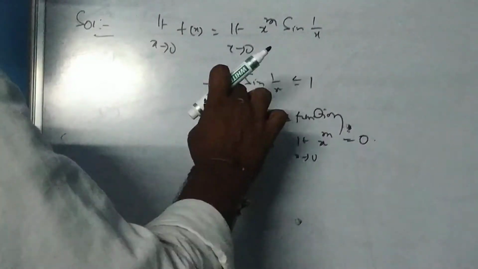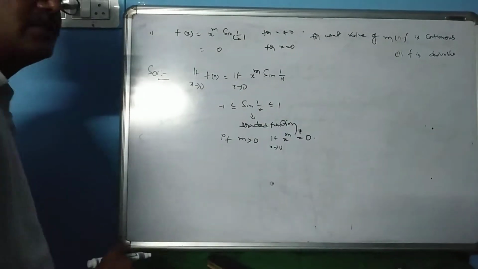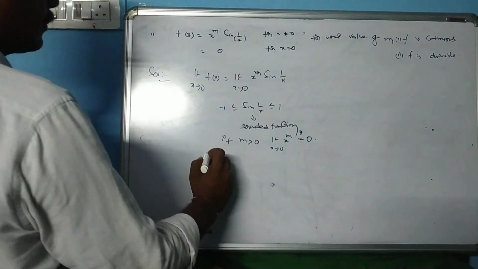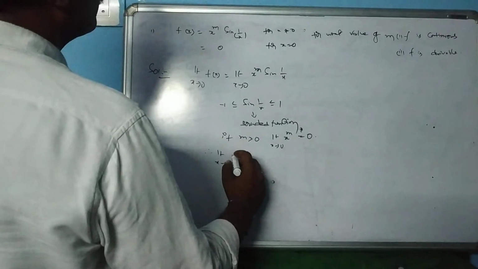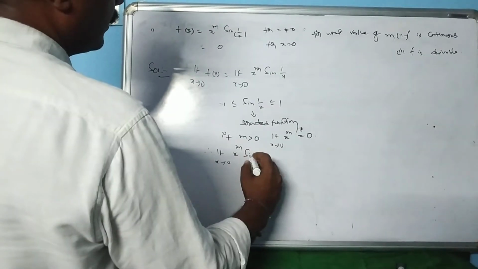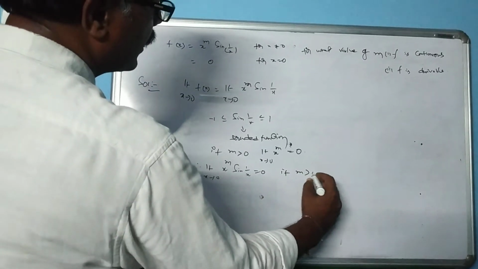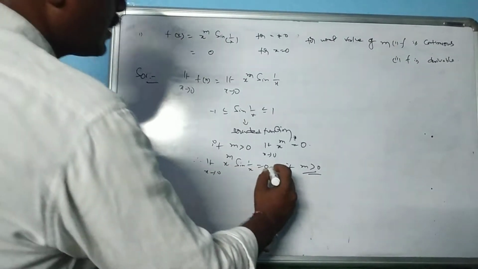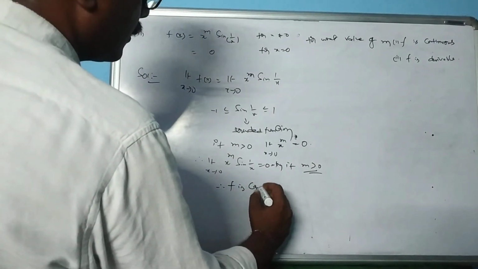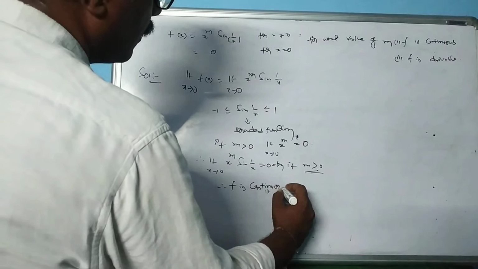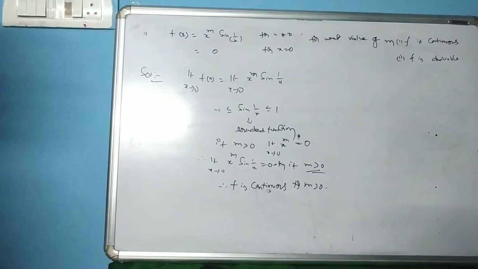This is a bounded function and the other factor converges to 0. Therefore the limit as x tends to 0 of x^m sin(1/x) is equal to 0 if m is greater than 0. This equals f(0). Therefore f is continuous for m greater than 0.